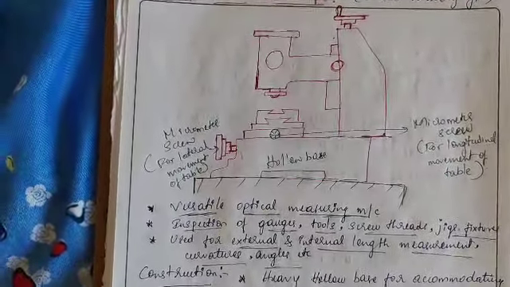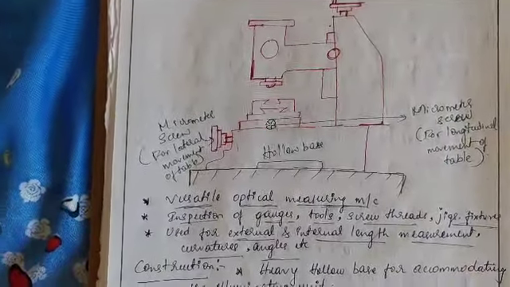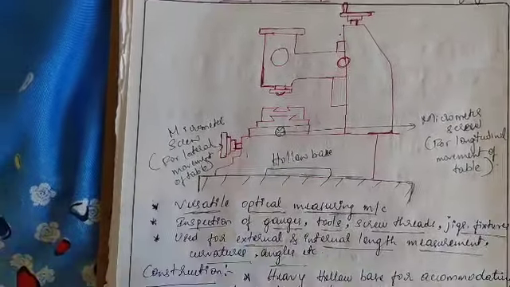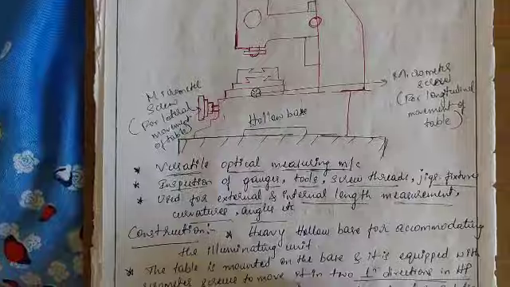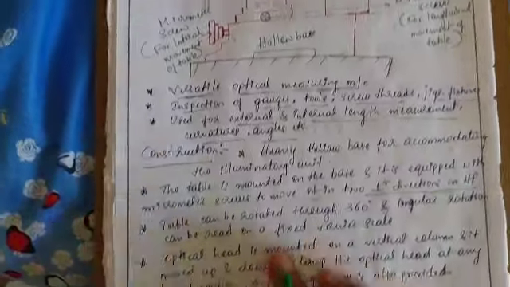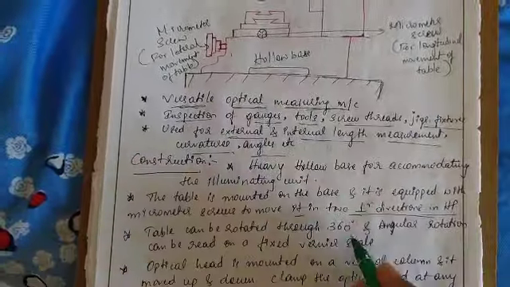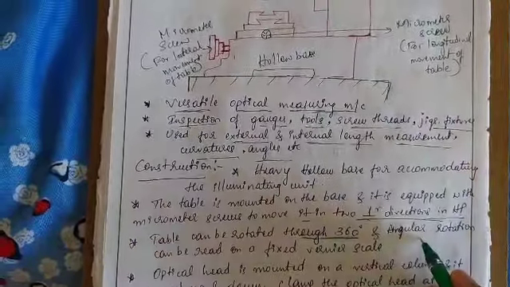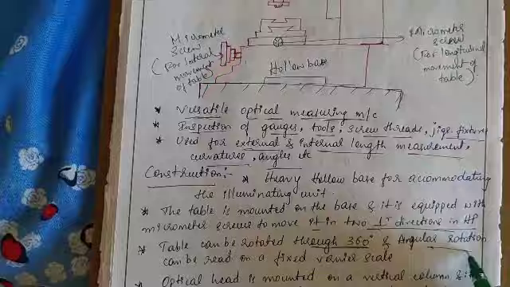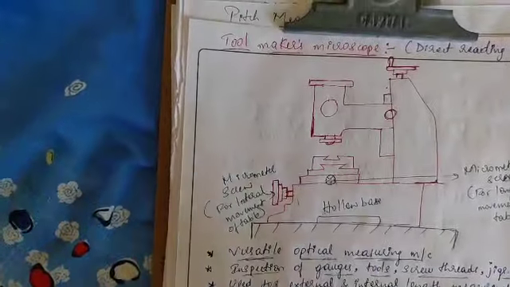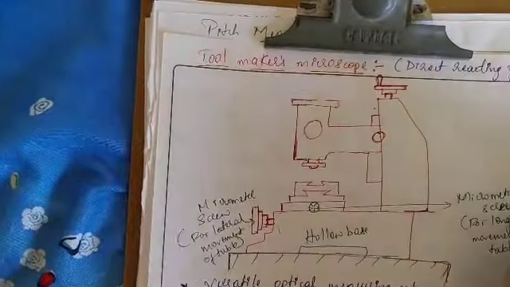So both screws move it in two mutually perpendicular directions in the horizontal plane. And the table can be rotated through 360 degrees, and the angular rotation can be read on a fixed vernier scale. So I will write it and name the figure.